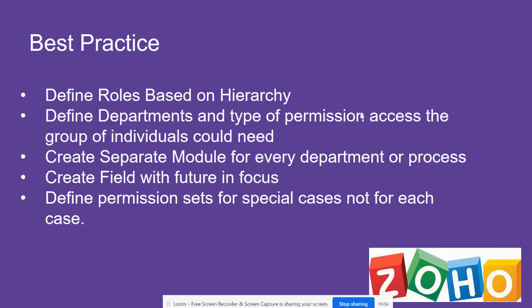If you really think that someone with a specific profile or role needs access to specific data, handle it as a specific case. Otherwise, try to manage things with profiles and roles, and be as minimal as possible with permission sets. Use them wherever there is a necessity and you can't move on without it, but I recommend that you don't use them in every case.